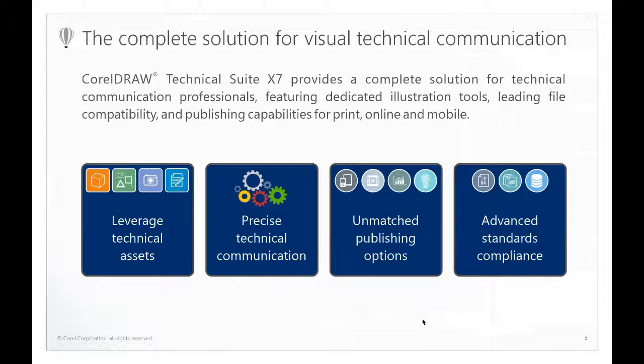Then, of course, there are a lot of tools you need for creating the precise technical communication. Once you've done that, you have to publish, and there are many different output options that you may want to see supported, and I will show you examples for all of that.